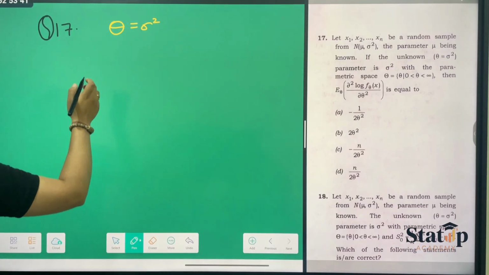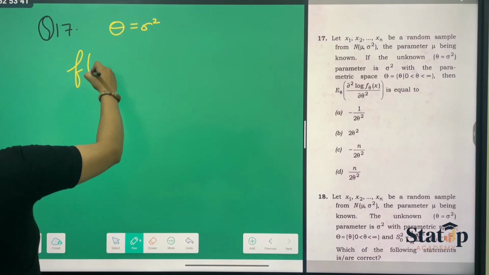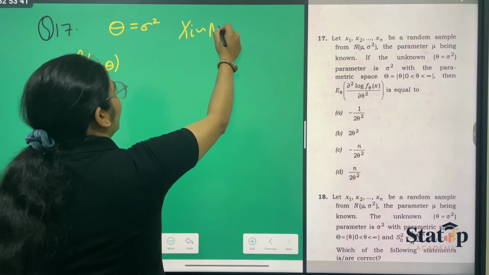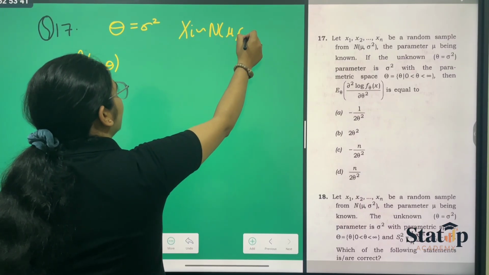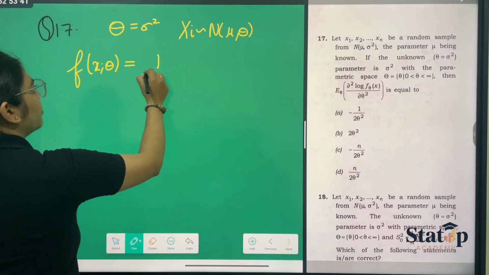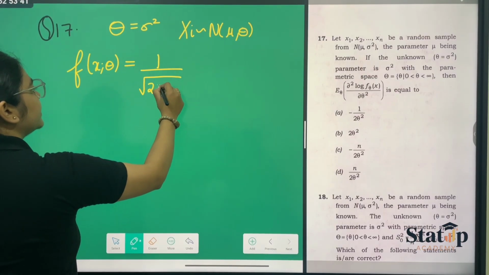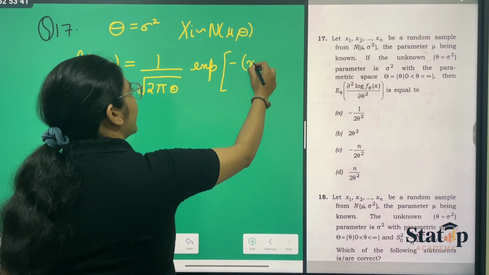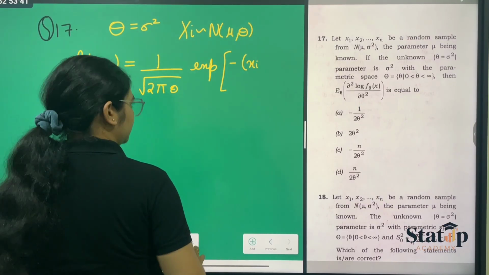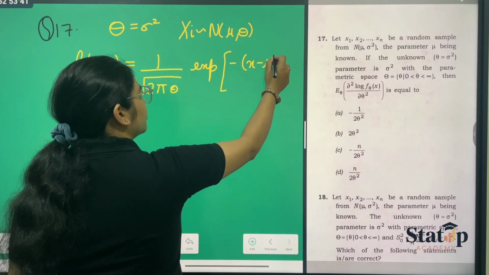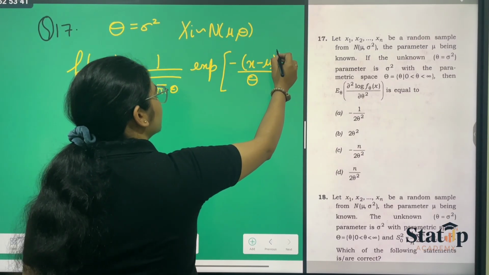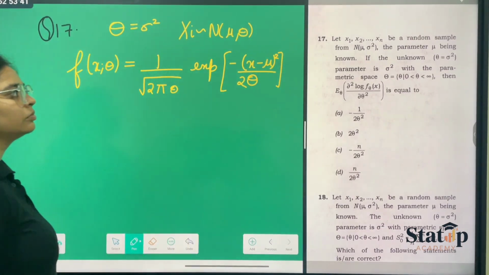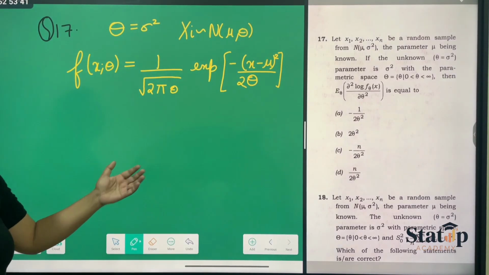So first of all, let us see what f(x, theta) is. If xi follows normal with mean mu and, in place of sigma square, theta, it will be 1 upon under root 2 pi theta times exponential of minus (x minus mu) whole square upon 2 theta.